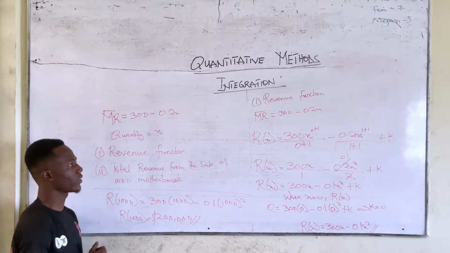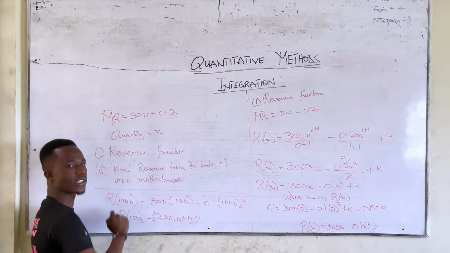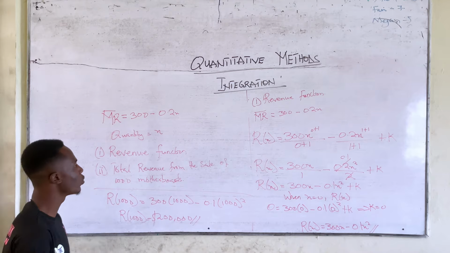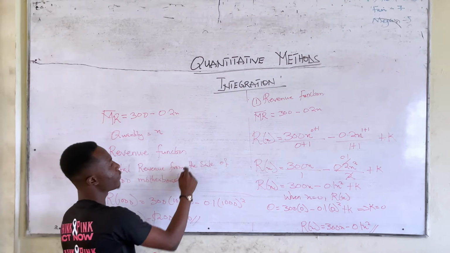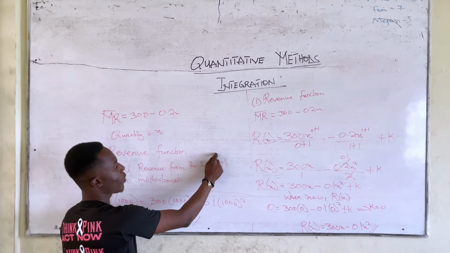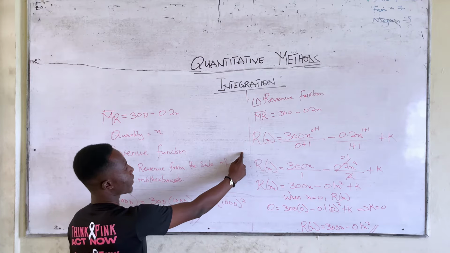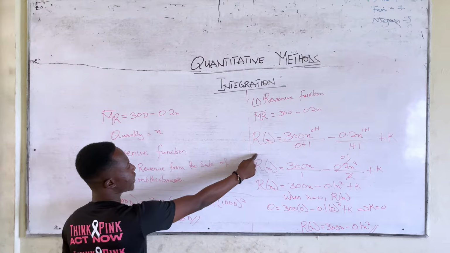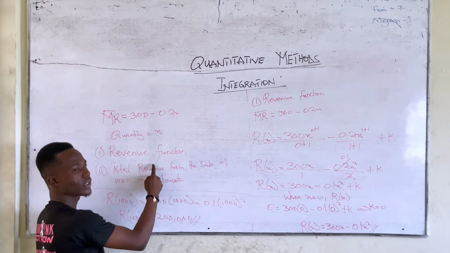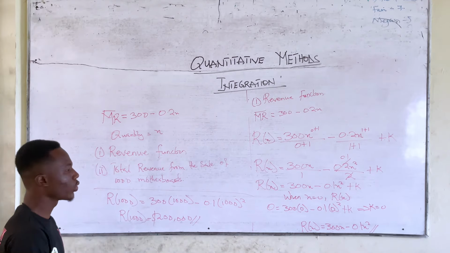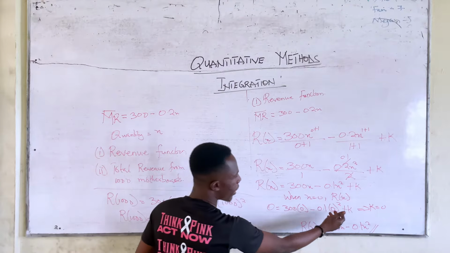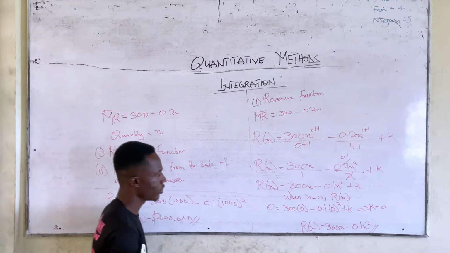Note one thing here. From the first question, find the revenue function. If the question proceeds to tell you to find the revenue function if the number of units sold were, let's say, 1,000 units and the revenue is $500, you can substitute it to find your K. Do you get that?